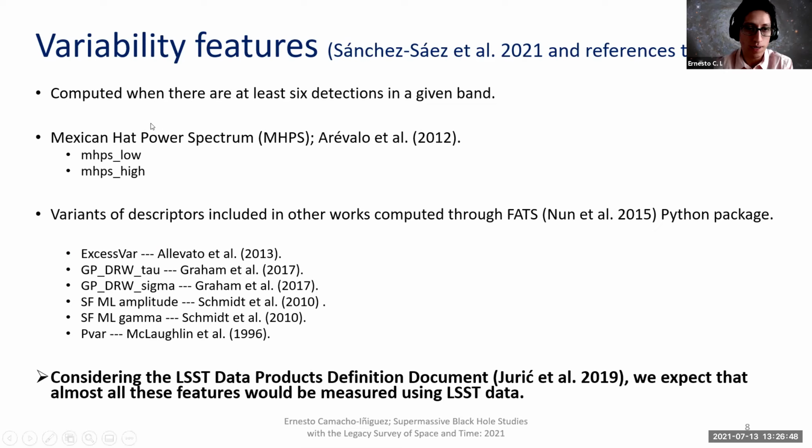For instance, we are computing the Mexican hat power spectrum from Arévalo 2012, which is related to the variance of the light curve for 2 different frequency regimes, and a variety of other indicators related, for instance, to the damped random walk modeling, the structure functions, the excess variance, and the probability of the source being intrinsically variable. All these features are computed with the FATS Python package from Nun 2015.